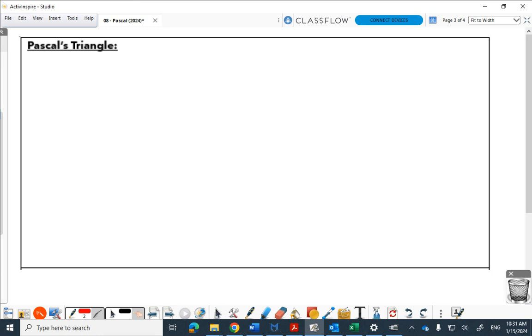So I want to build two images of how he might have come up with his famous triangle. It's not a triangle like you might expect. I'm not going to draw lines and make a triangle. That's not the type of triangle it is. One way to visualize the game, really, the mental game Pascal played to make his triangle, was to imagine that everywhere I don't write something, there are zeros.